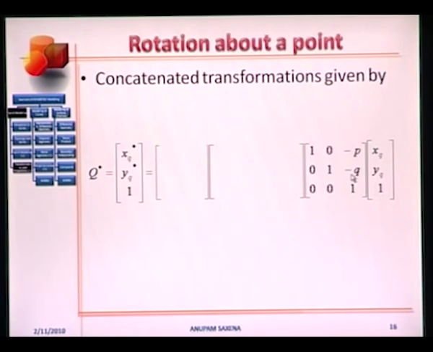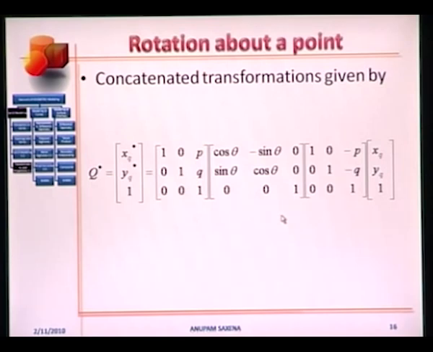The next was rotation of Q about the origin, which is given by this 3 by 3 rotation matrix. And the third operation was inverse translation that allowed P to move back to its original position.